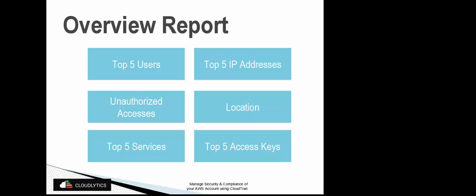It will provide you with information regarding the top 5 users, the top 5 IP addresses, the top 5 access keys, and the services being used in your infrastructure. Another important thing shown in your overview is the timeline in which unauthorized calls or accesses were being made to your AWS account. It will also provide you with the location from where this unauthorized access was being made.